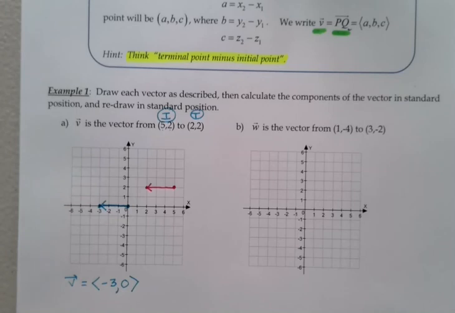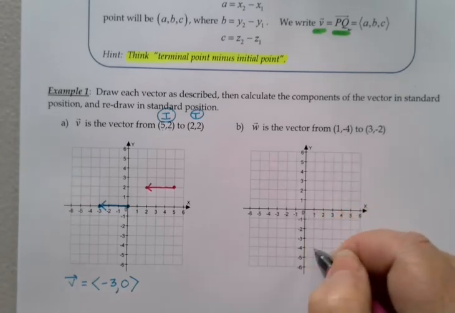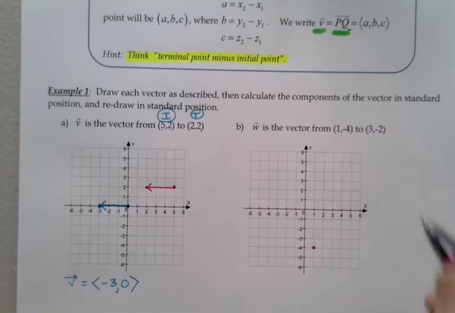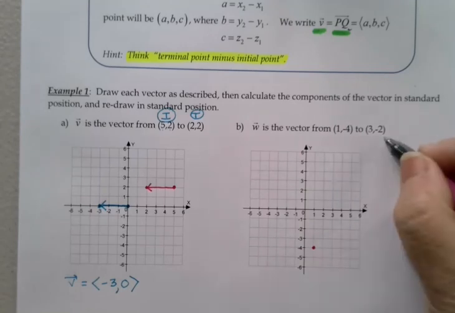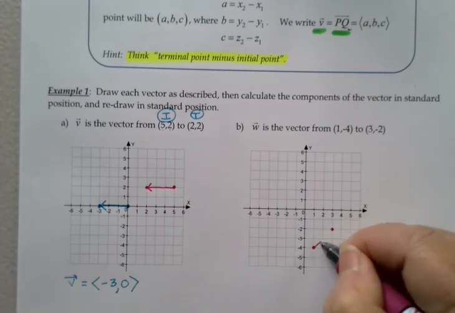This time W is the vector from 1, negative 4, it's my initial point, to 3, negative 2. There's my terminal point.